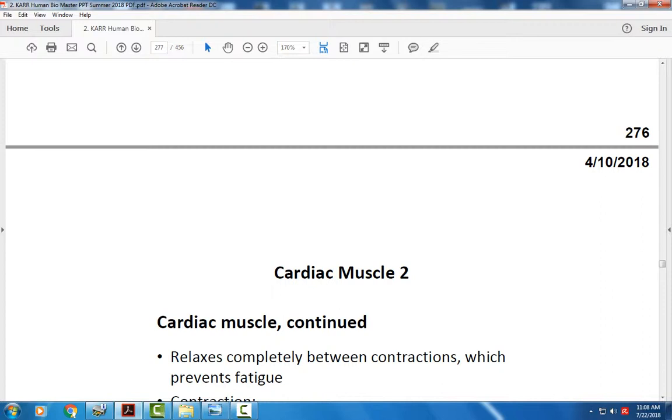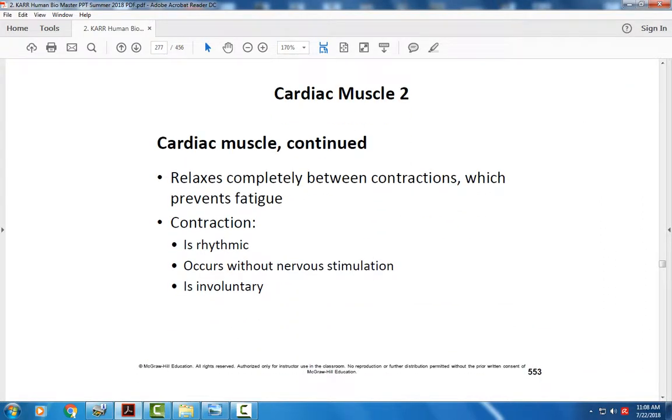So looking at cardiac muscle, we know that it relaxes between heartbeats, or I should say between contractions, which is kind of obvious. We already talked about the cardiac muscle in terms of the heart sounds and the lub-dub and all that at the beginning of the semester.